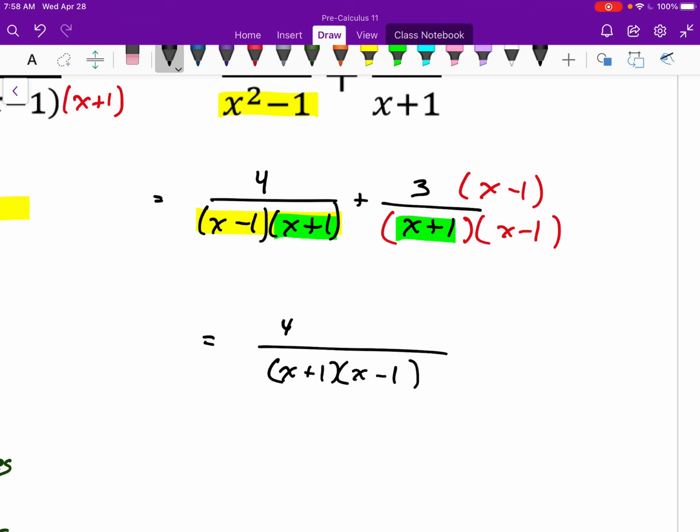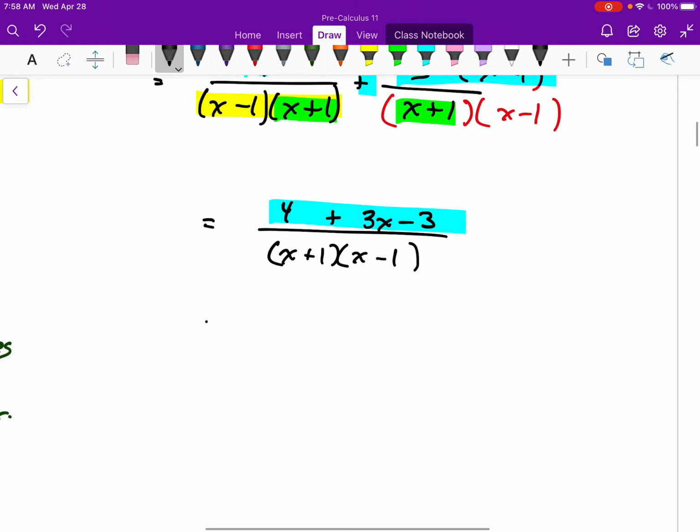And my numerator, I have 4 plus 3 times x minus 1. Just to speed things up a bit, I'm going to distribute the 3, and so 4 plus 3x minus 3. So combining like terms, I have 3x plus 1 in my numerator.